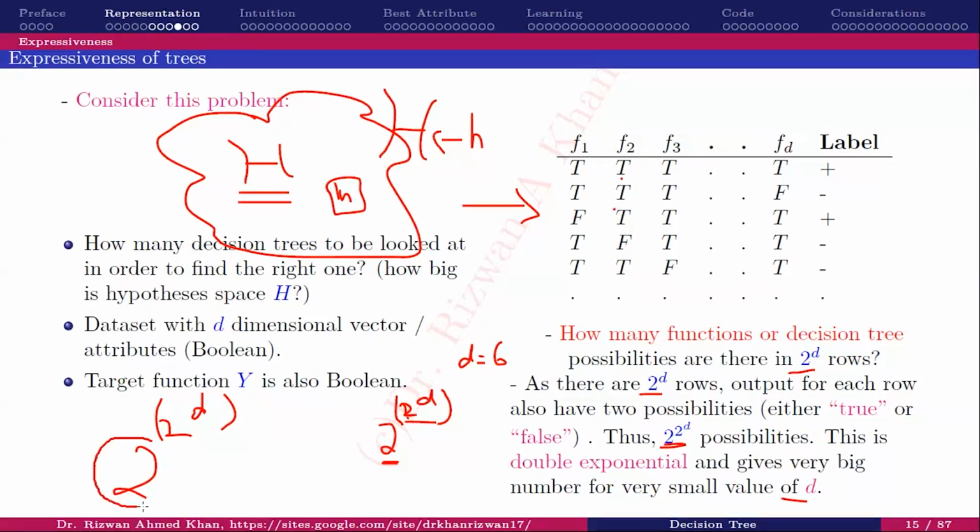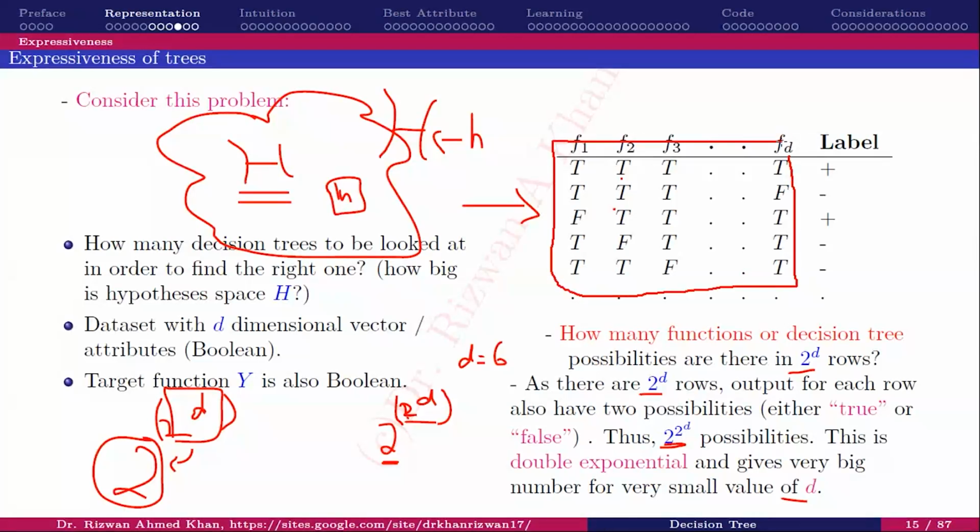Okay. This too comes from the fact that these are examples, and based on this example, we could have two possible outputs, right? So 2 to the d is this thing x, right? And based on this 2 to the d, we could have exponential number of labels, right?